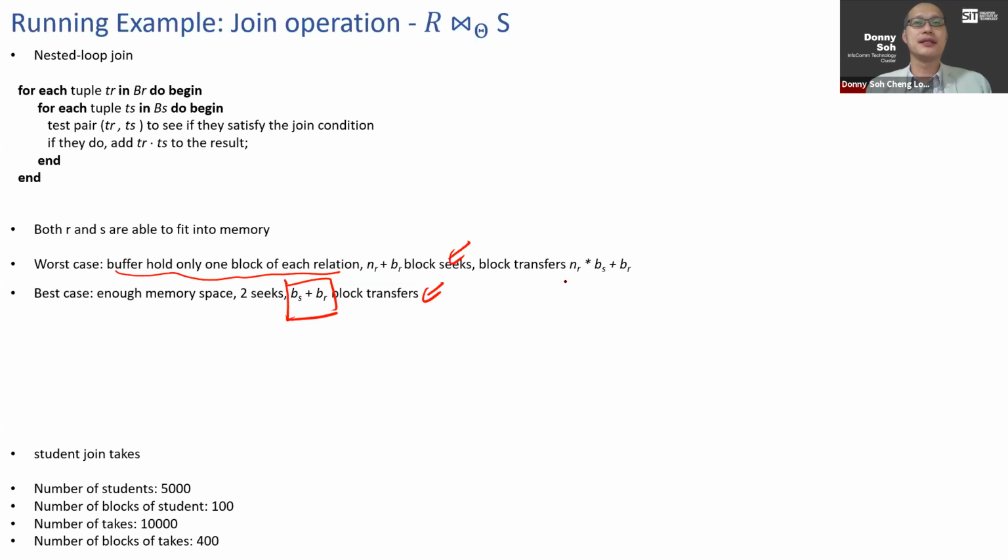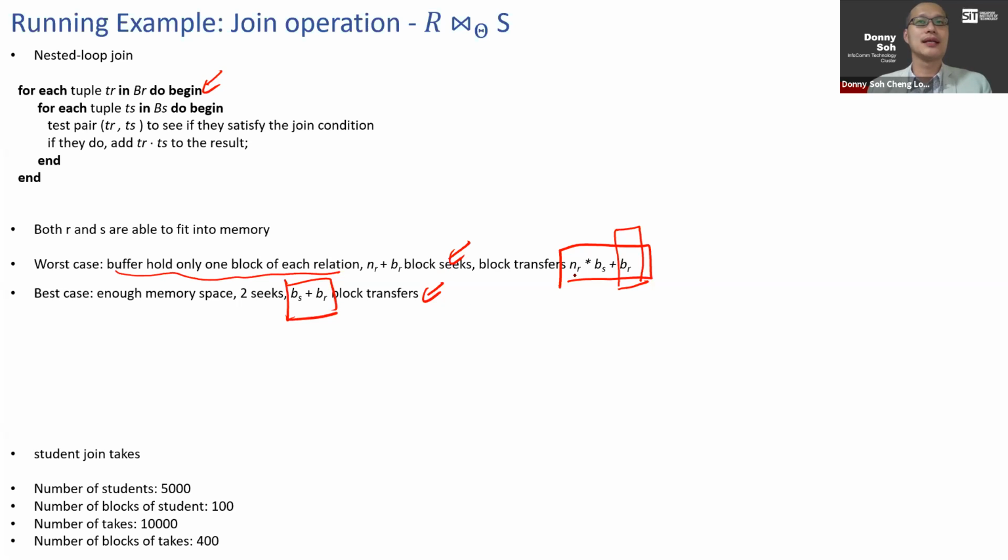The number of transfers is slightly easier to understand. Okay. And for this one, you have to see there's a difference in the outer loop and the inner loop. So you notice that the number of transfers is going to be BR, the blocks in the outer loop, which is here.